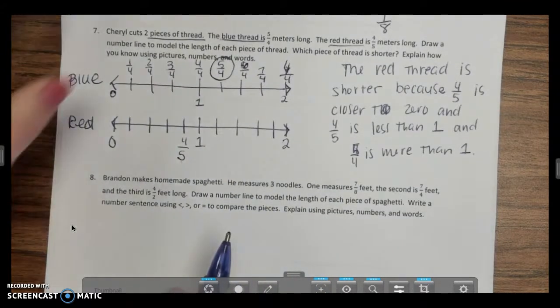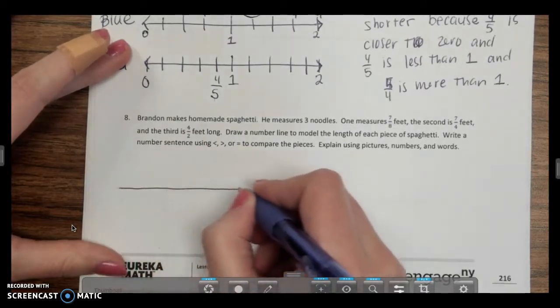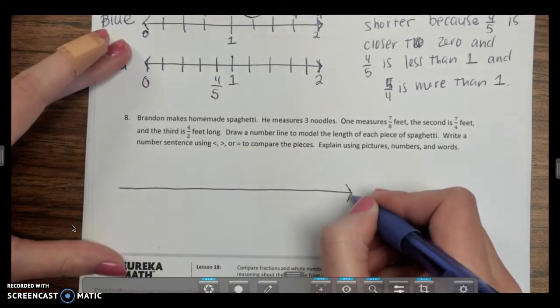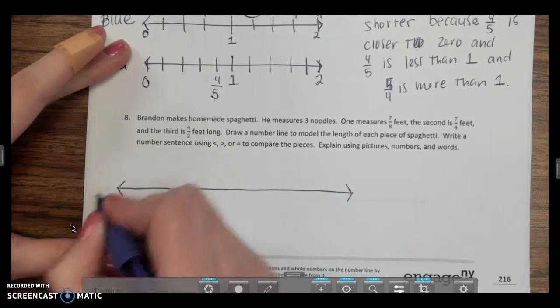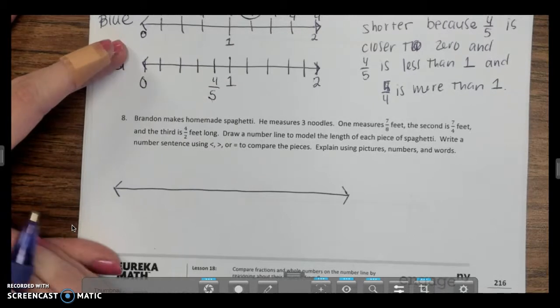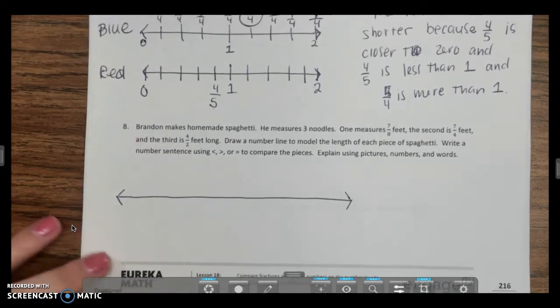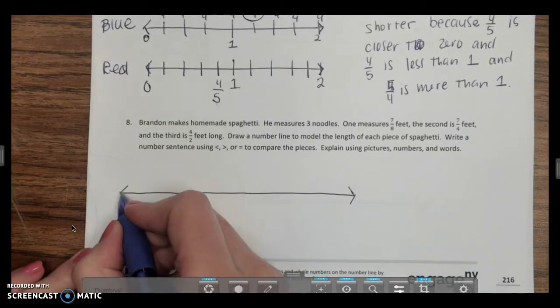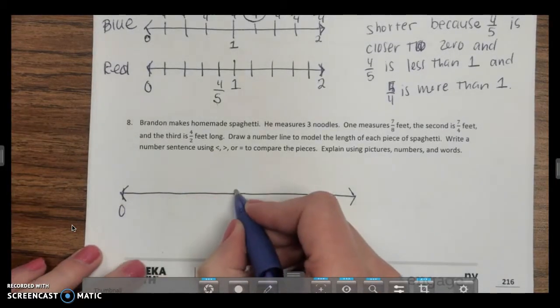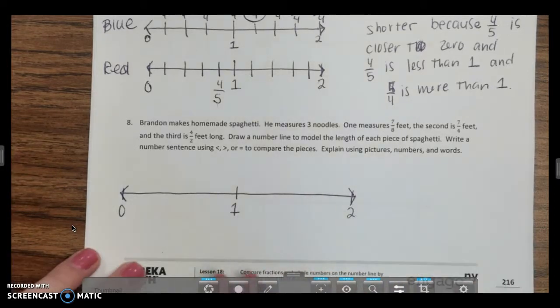So what we're going to do here is we're going to draw our big long number line. And then we are going to make it all the way up to 2 feet. Here's 0 feet, 1 foot, and 2.